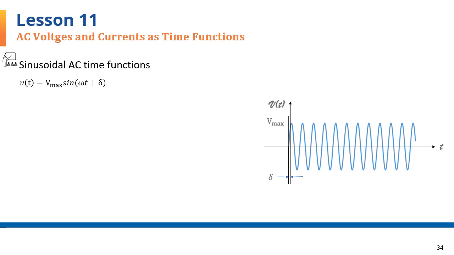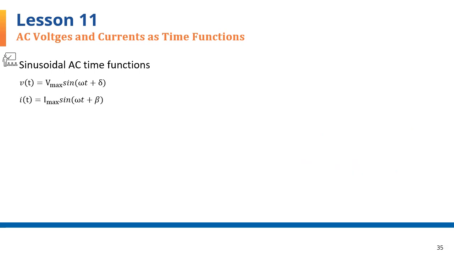Currents too have associated phase angles. You see the equation here. The phase angle I assigned to this current time function is beta.